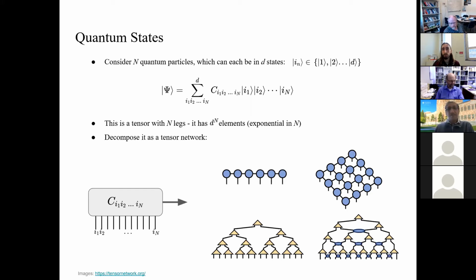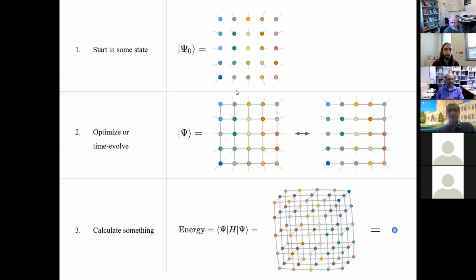It's an interesting question: what quantum phases of matter correspond to these specific types of tensor networks? It's also a way of classifying quantum phases of matter. You can classify these phases as, do they have this isometric tensor network description or not? And also, of course, for practically simulating them and their dynamics as well.